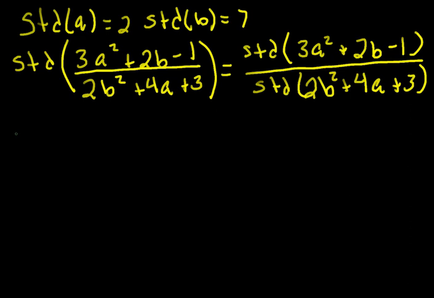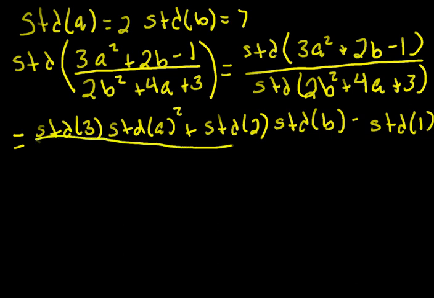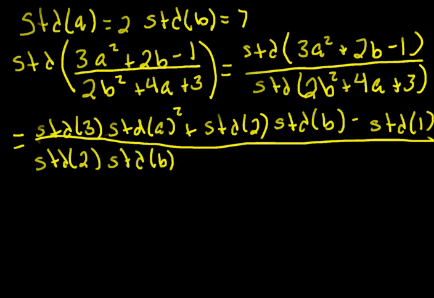So hopefully you can see that this is the standard part of 3 times the standard part of a squared plus the standard part of 2 times the standard part of b minus the standard part of 1, all divided by the standard part of 2 times the standard part of b squared plus the standard part of 4 times the standard part of a plus the standard part of 3.